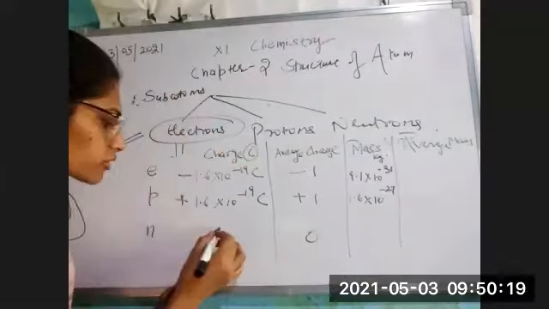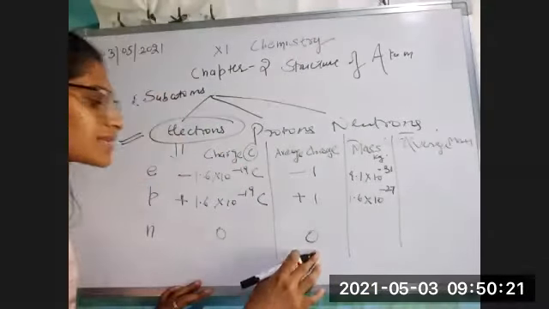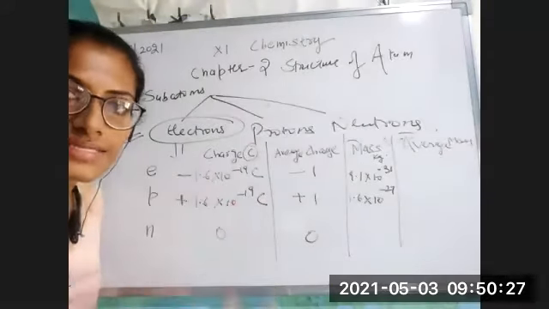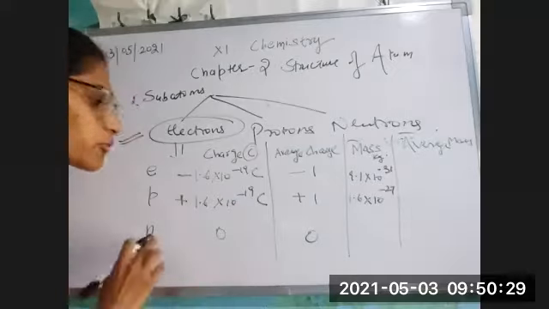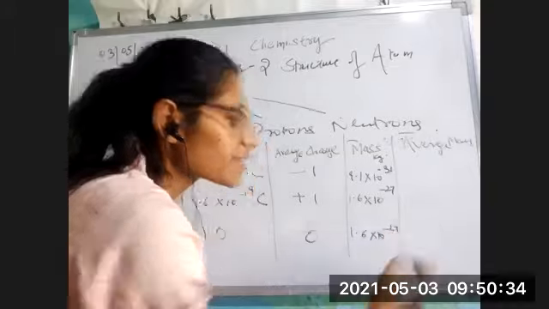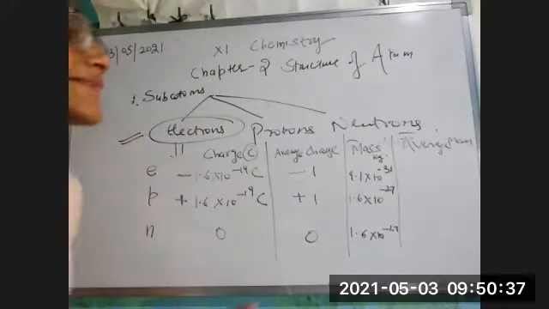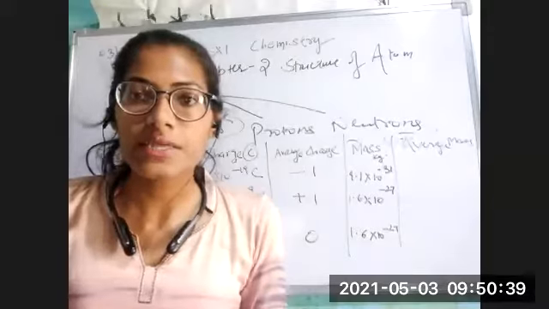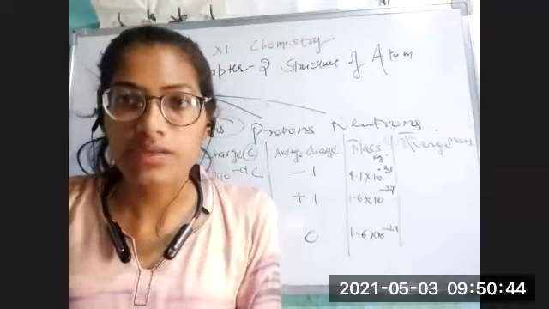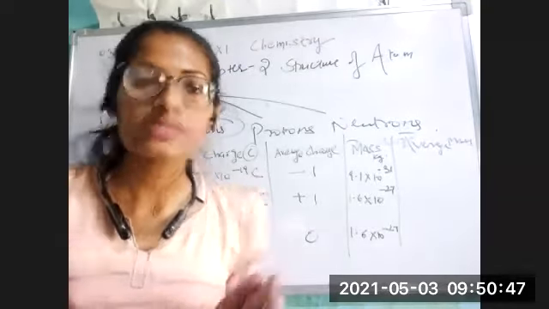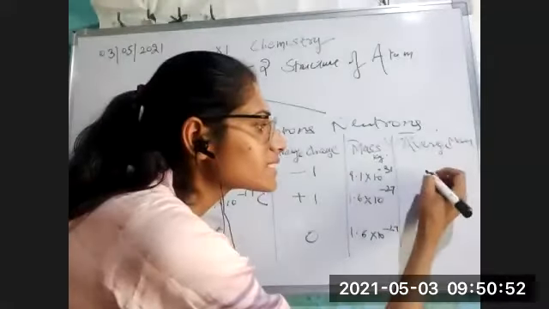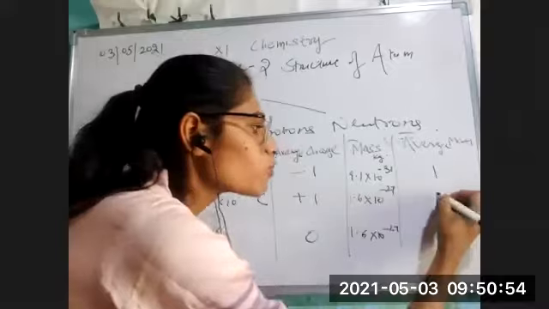And we have discussed in our first chapter that we have a term atomic mass unit. In atomic mass units, the average mass was considered as almost 0 for the electron, 1 for the proton, and 1 for the neutron.